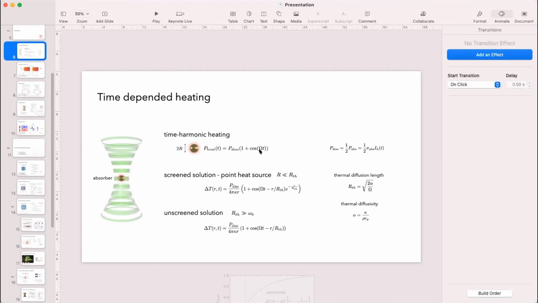So if you have a time harmonic heating in this kind of way, and you can detect just at that frequency, then this gives you probably the maximum signal you can get, and you don't have to spend any power on other detection frequencies which you are not detecting anyway. Is that answering your question? Yeah.